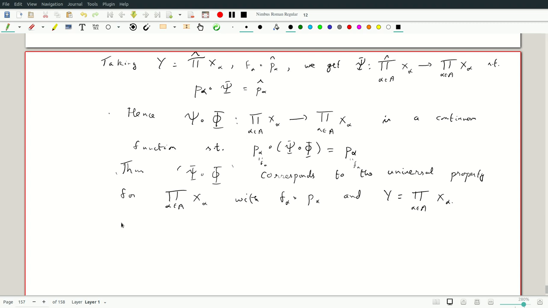But there is another one: the identity of the product also corresponds to this.